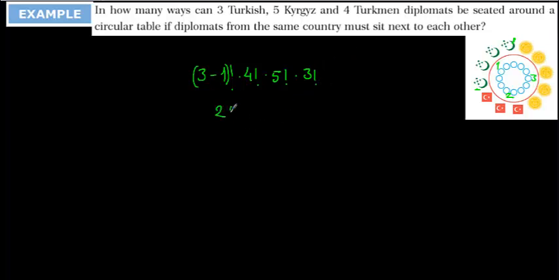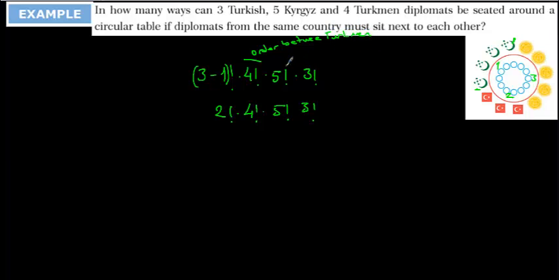So the answer is 2 factorial times 4 factorial times 5 factorial times 3 factorial. I want to write that the 4 factorial is the order within the Turkmen group.